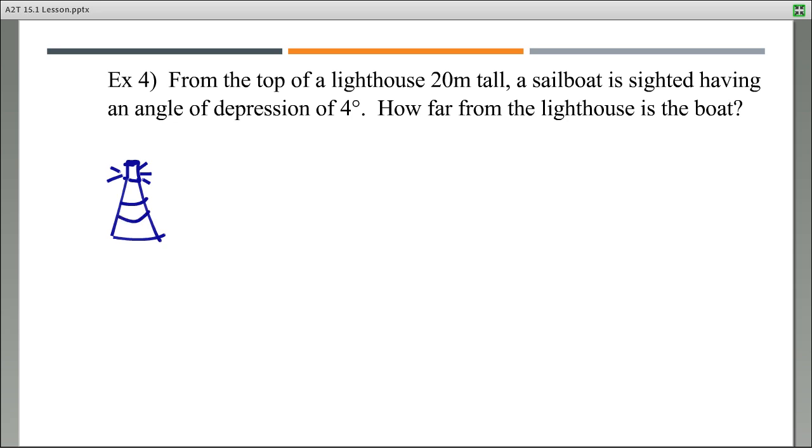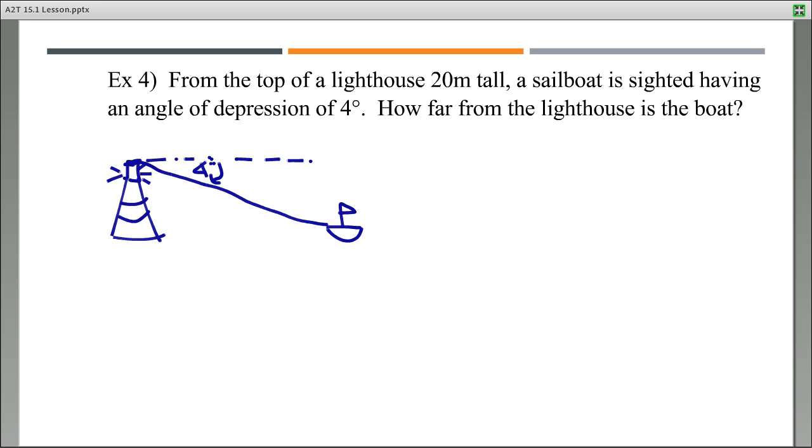And if we're standing at the top of the lighthouse, there's usually some kind of balcony railing around there. And it says the angle of depression down to the sailboat. Okay, so the sailboat's over here. And so the angle of depression down to there is 4 degrees.